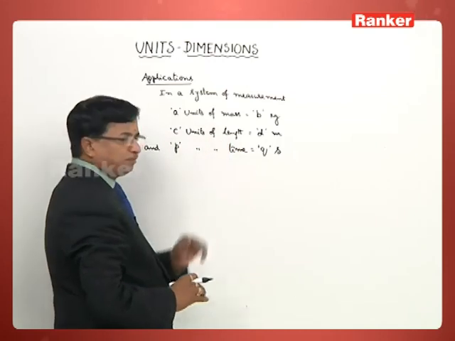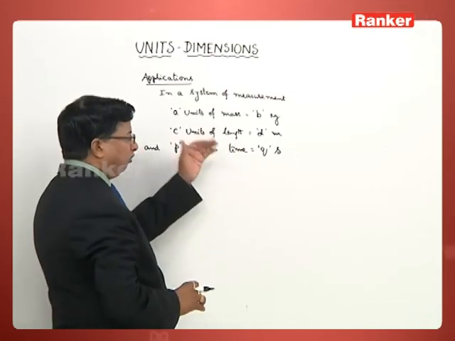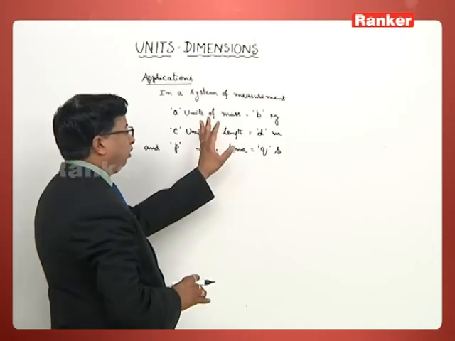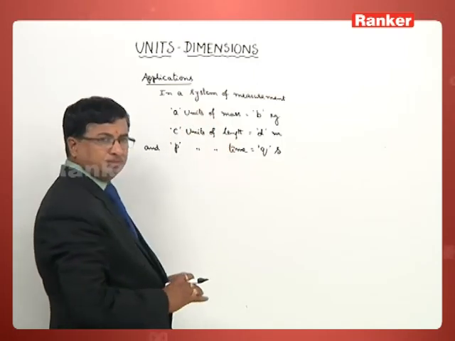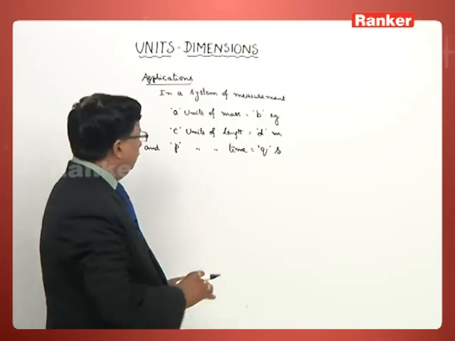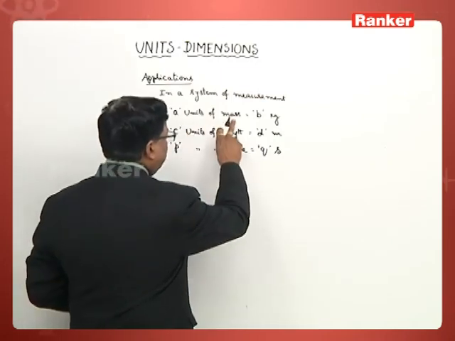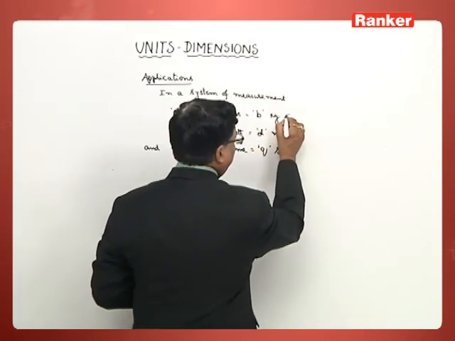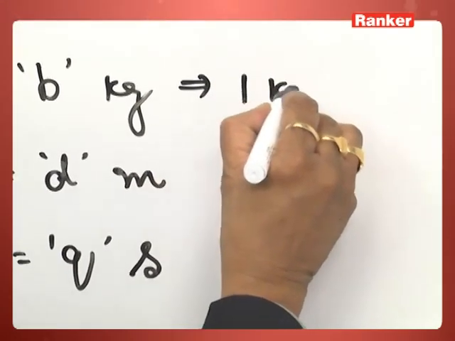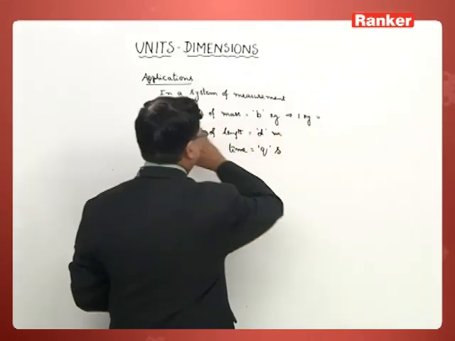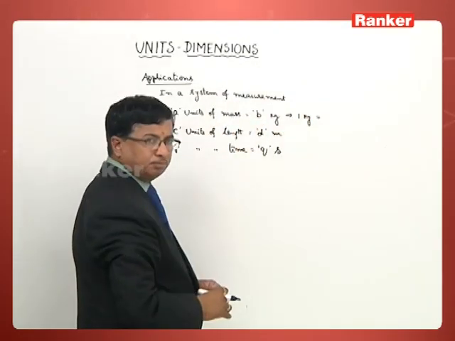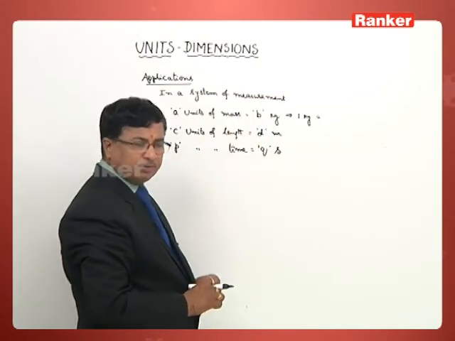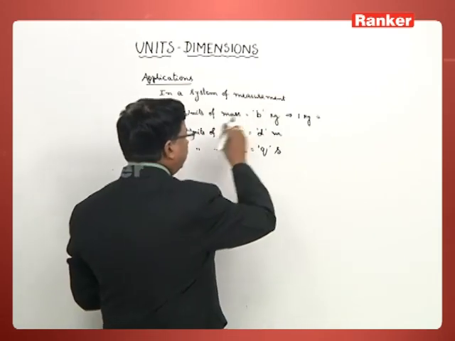Slight difference in the data provided in the previous case and the data we are considering in the present case. If you look at A units of mass is B kilogram, the first thing you should do is estimate the value of 1 kg from this. B kilograms is equal to A units. Then what is the value of 1 kilogram?